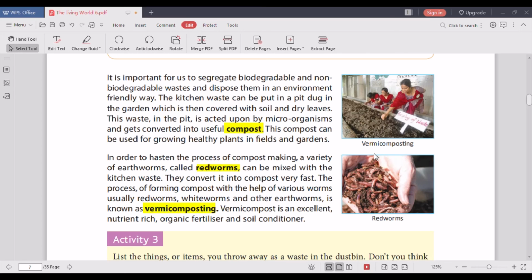So vermicomposting is the process of composting kitchen waste with the help of red worms, white worms and other earthworms.